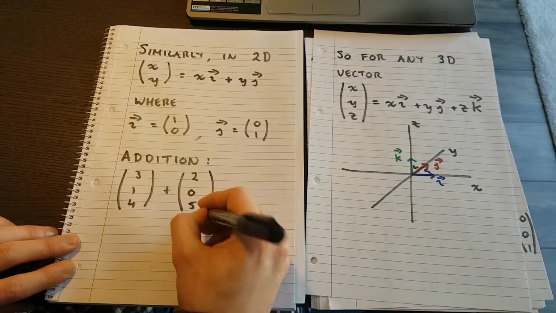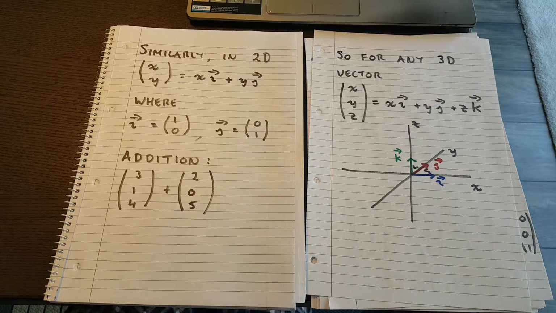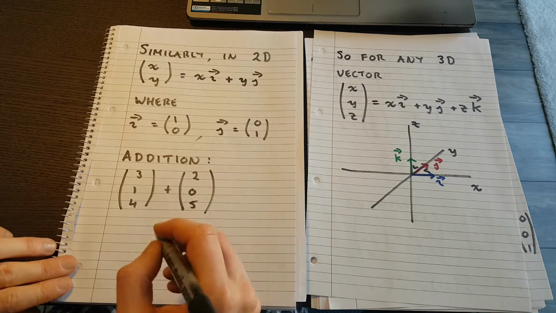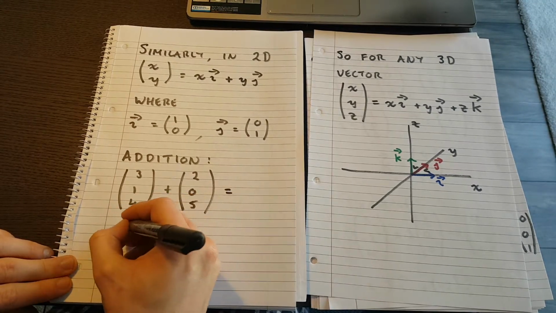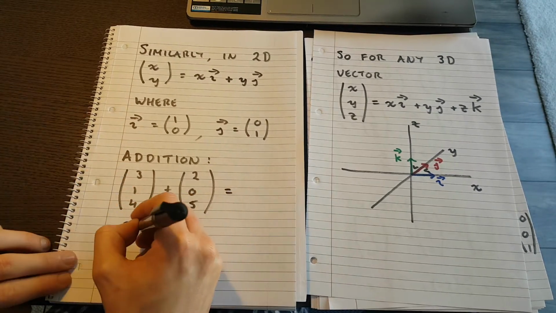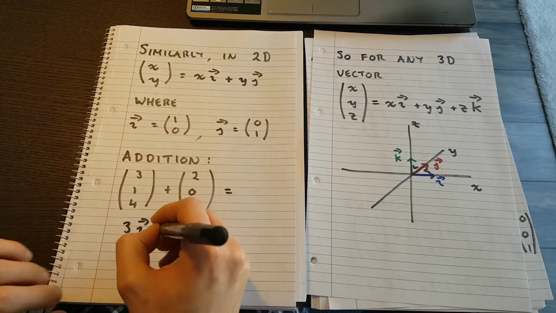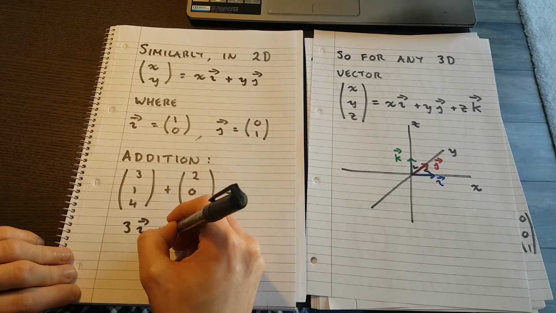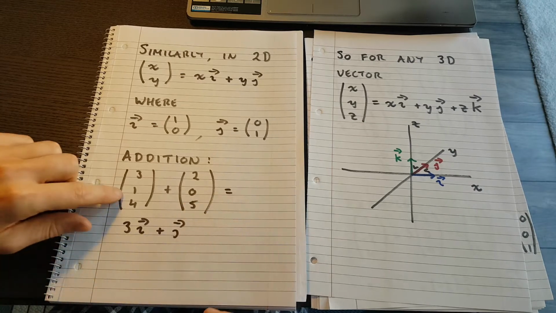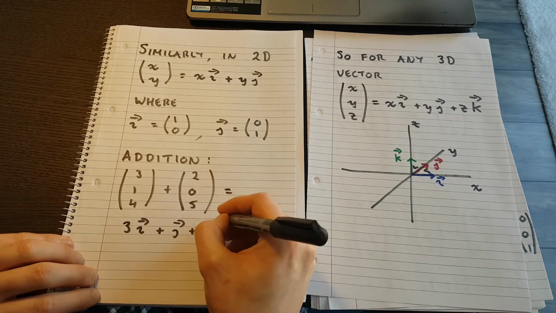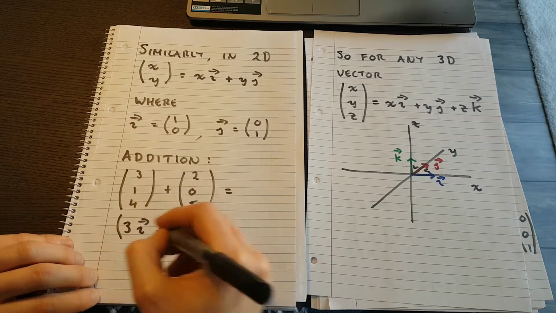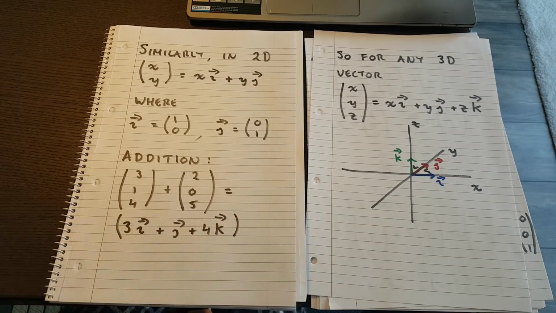Why not? So the first thing I'm going to do is change these to i, j, and k expressions. Well, what's this equal to? The first term here is 3 times i plus 1 times j, which I'm just going to write as j. And then 4 times k, like that. So that's my first term.